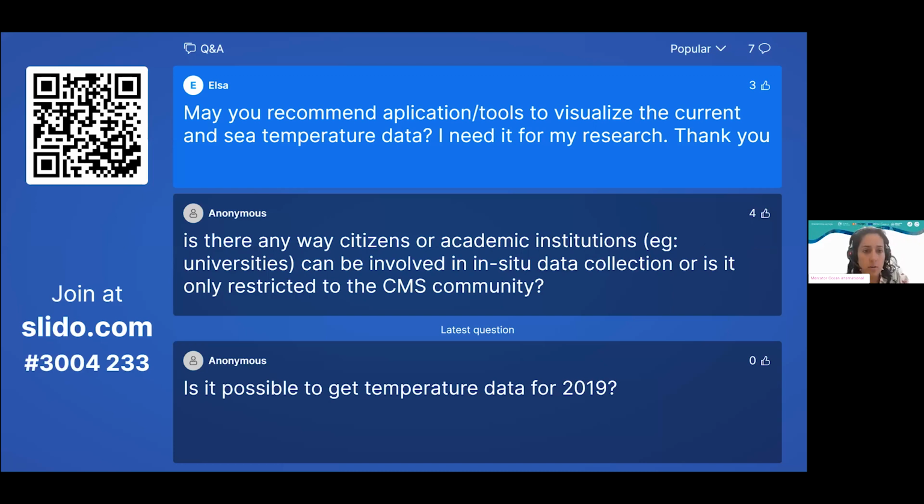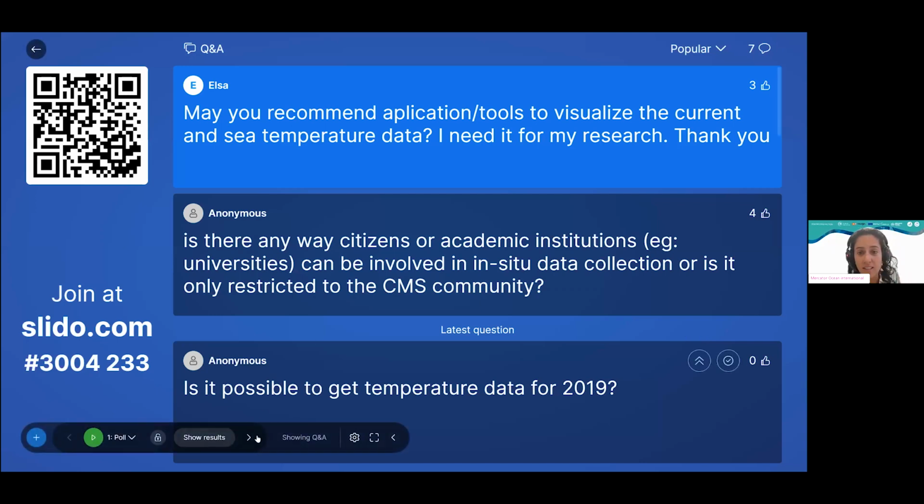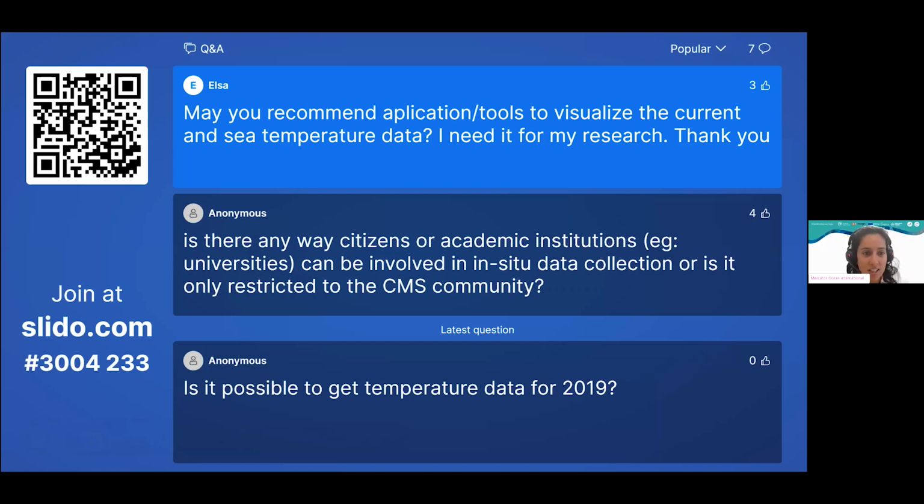That's good. So another one, this one is maybe more for someone from the In Situ thematic center. We got this question: is there a way citizens or academic institutions, for example universities, can be involved in in situ data collection, or is it only restricted to the CMEMS community? I don't know if we have Fernando Manzano here with us today. He's a representative from the thematic center.